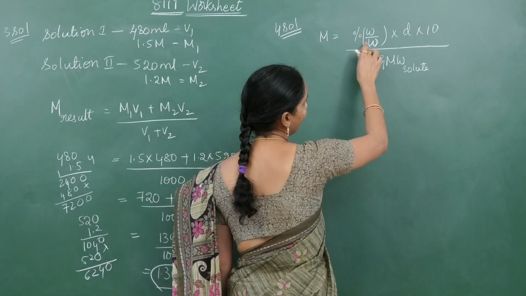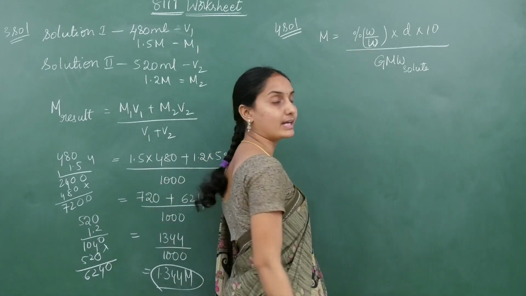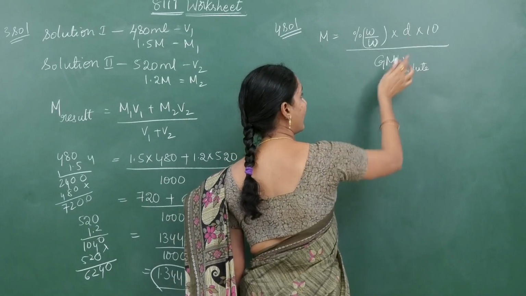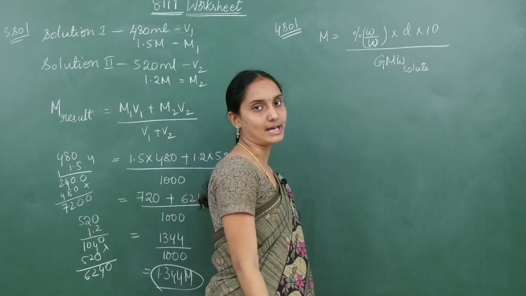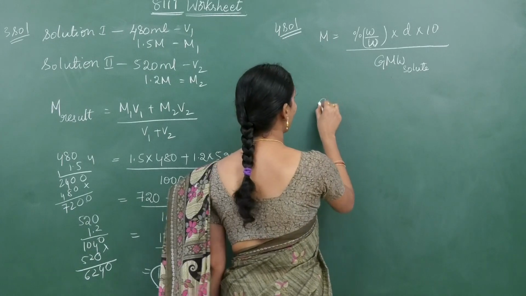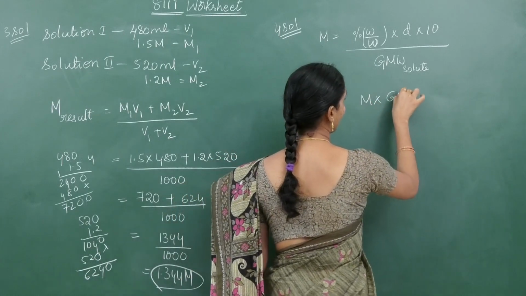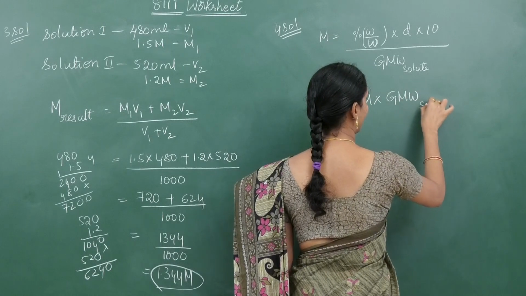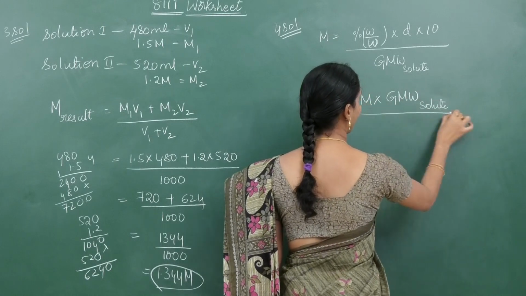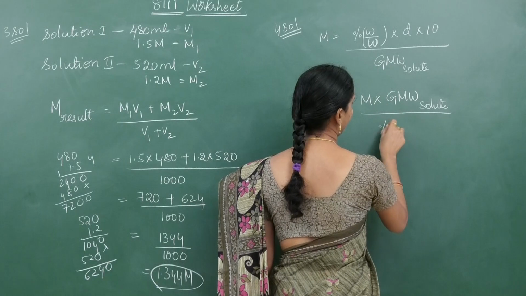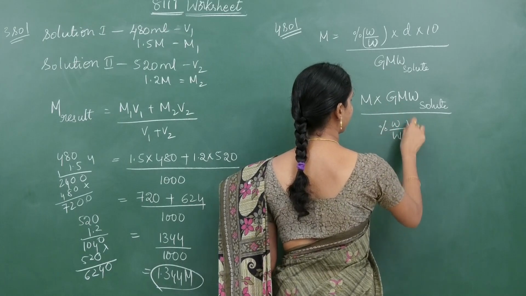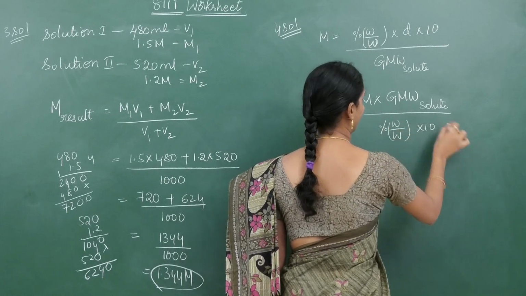Molarity was already given, percentage weight by weight was given, and density you have to calculate. Gram molecular weight we can calculate. So now if you want density, then the formula becomes molarity into gram molecular weight of solute whole divided by percentage weight by weight into 10.